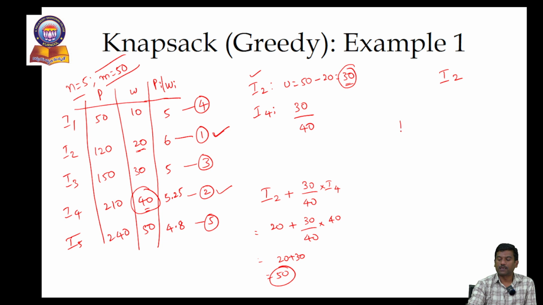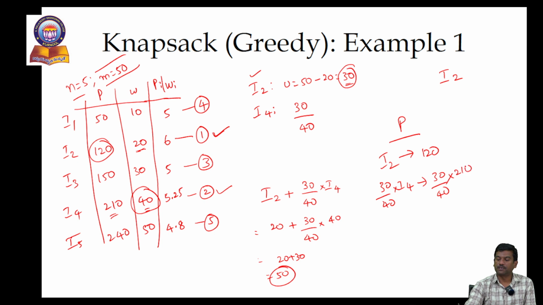And how about calculating the profit? Item 2's profit is 120, and 30 by 40 of item 4 means 30 by 40 into item 4's profit, which is 210.